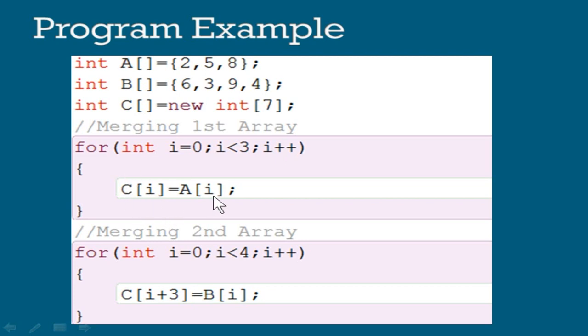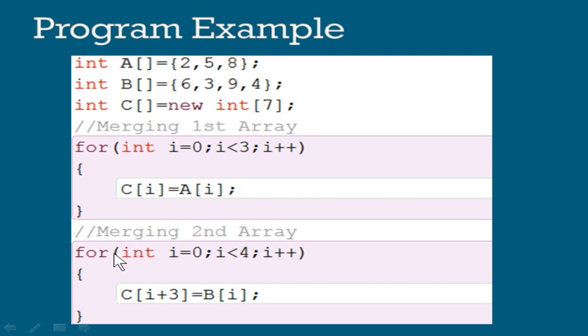Here you are directly storing the value of A into C, so C of I equal to A of I. If the I value is 0, C of 0 will have the value of A of 0. If the I value is 1, it becomes C of 1 equal to A of 1. So straightforwardly you will store the first array.